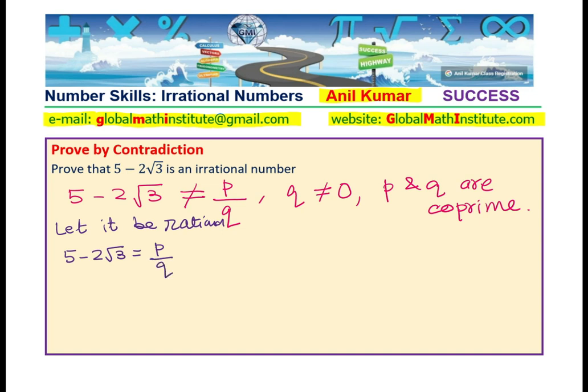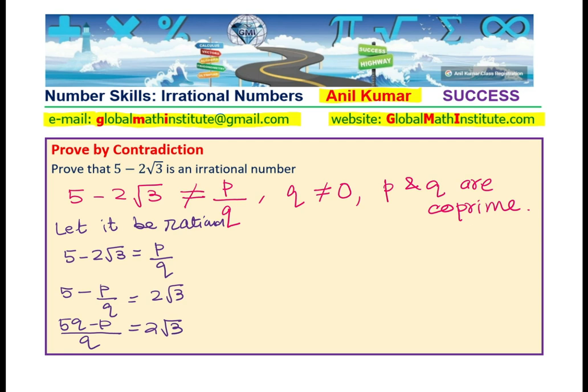If it is like this, we can take 2 square root 3 to the other side and rearrange the equation. We have 5 minus p by q equals 2 square root 3. Now q becomes the common denominator. We get (5q minus p) over q equals 2 square root 3.